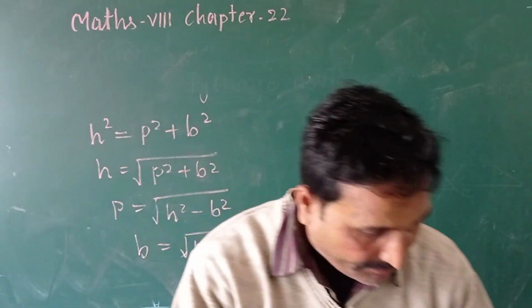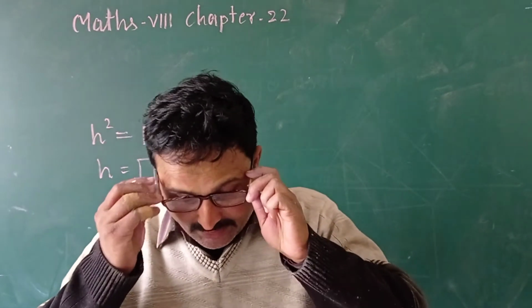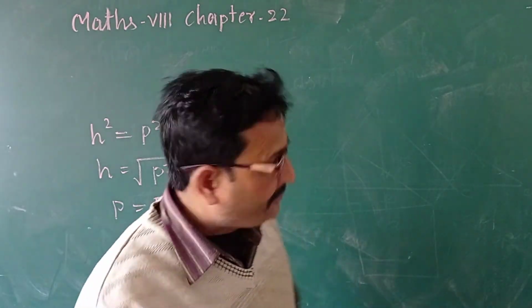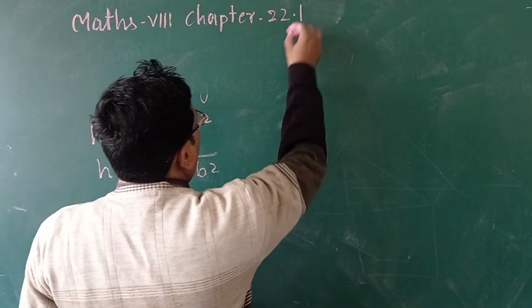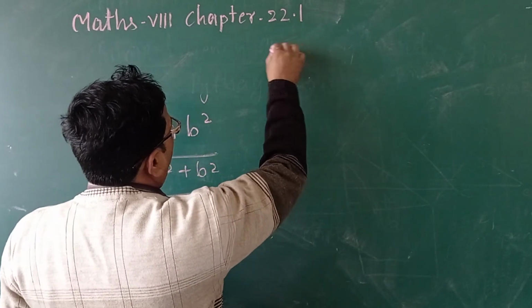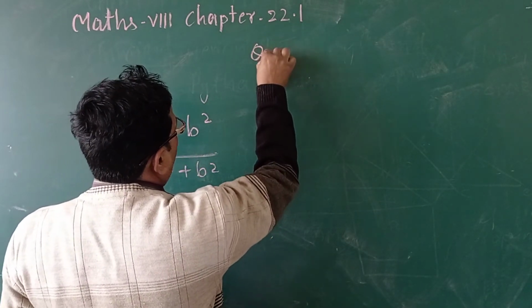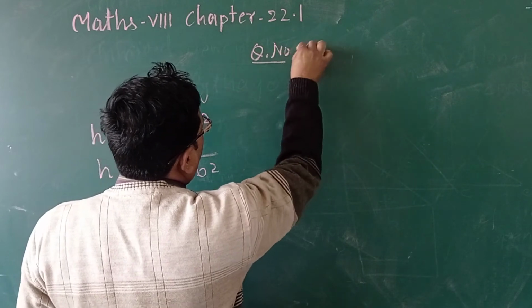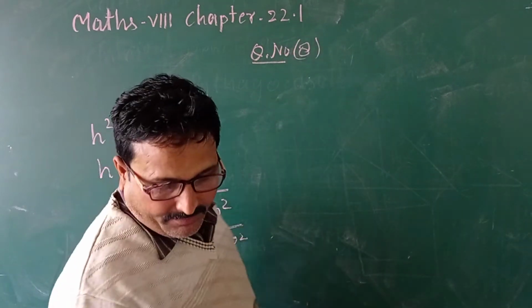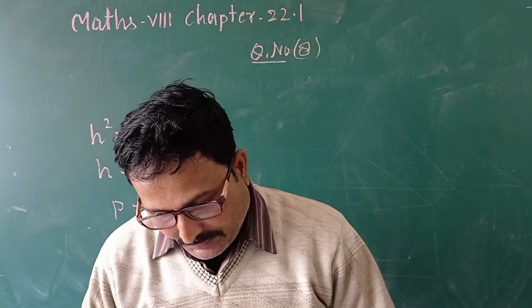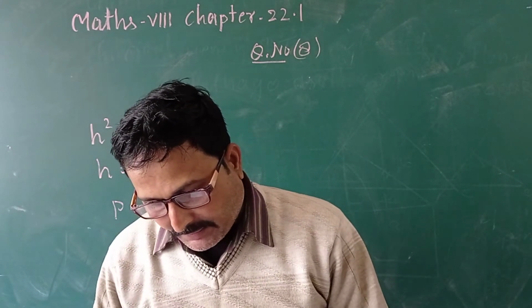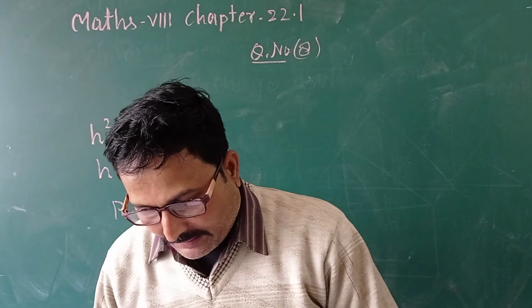See, exercise 22.1, question number 8. A ladder 17 meter long rests with its foot 8 meter from the base of a vertical wall.